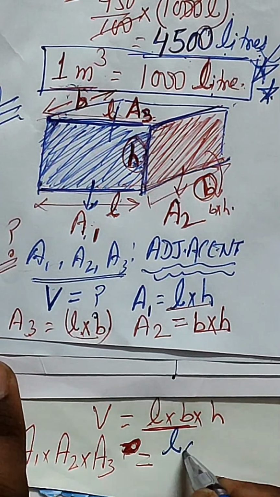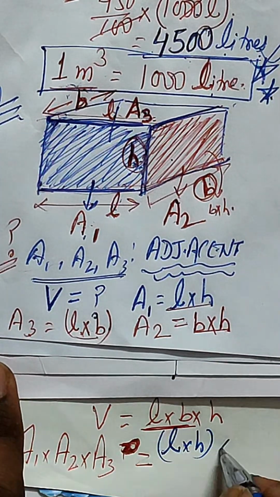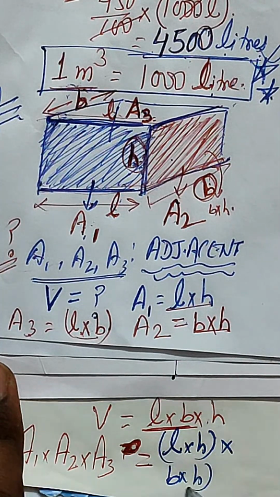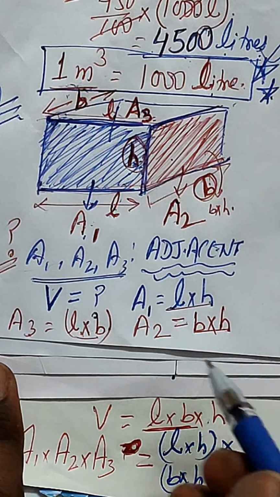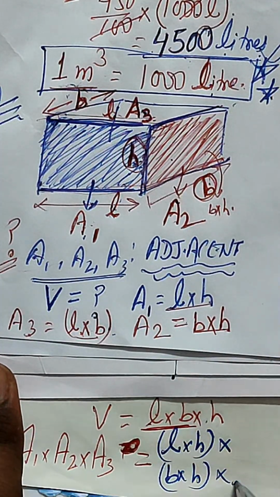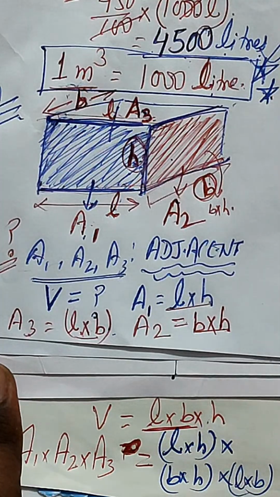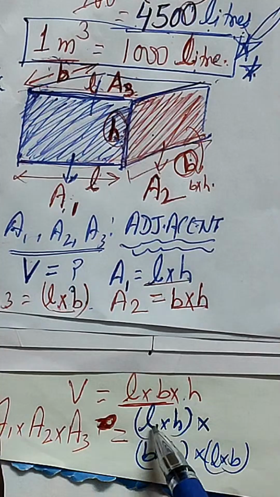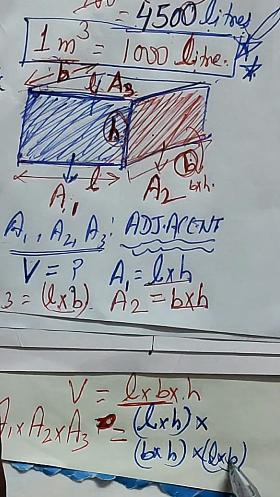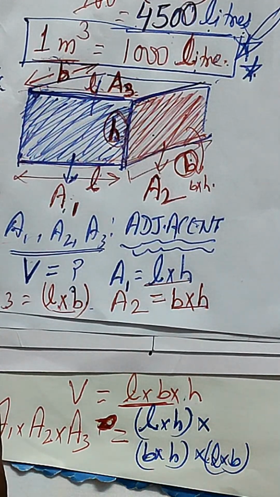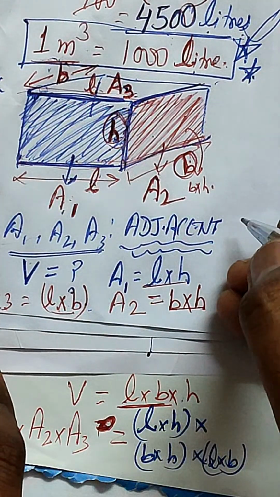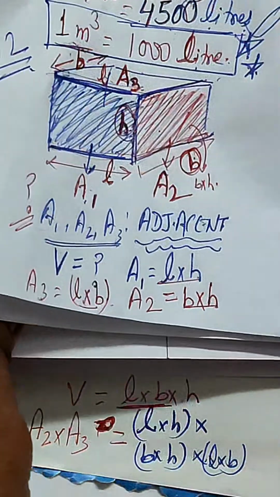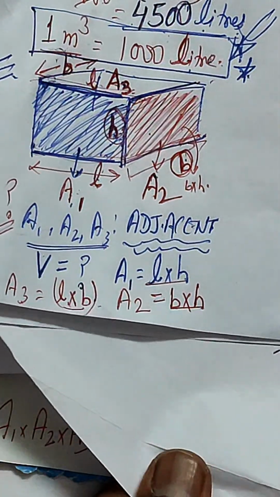So this will be L into H multiplied with B into H multiplied with L into B. All these three multiplied will give you L square, B square and H square. Let me write it over here.